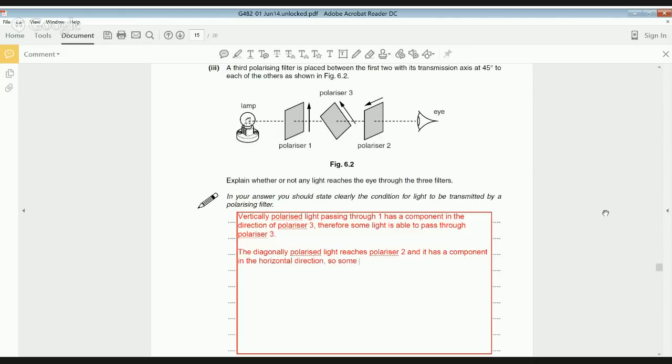So some light is able to pass through, and it really is quite counterintuitive, because with just polarizers 1 and 2 no light passes through, but by adding a third one at an angle, it is able to allow some to pass through. You can use Malus's law here, by the way. I'm not going to go into detail about that, but you could use Malus's law to show numerically why some light is able to pass through all three filters.